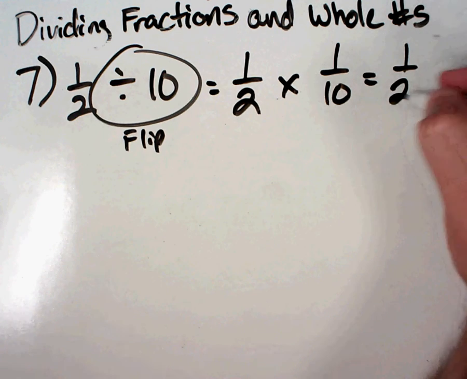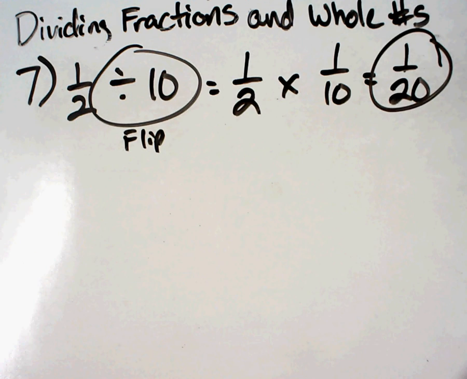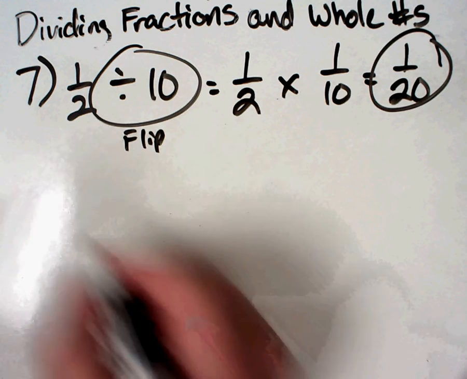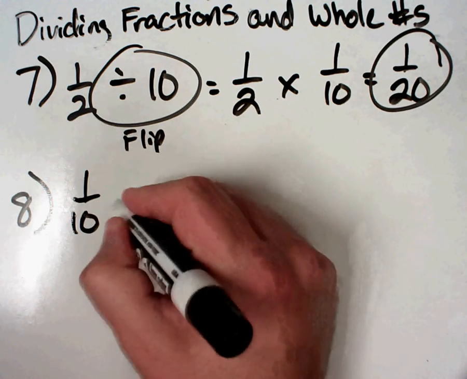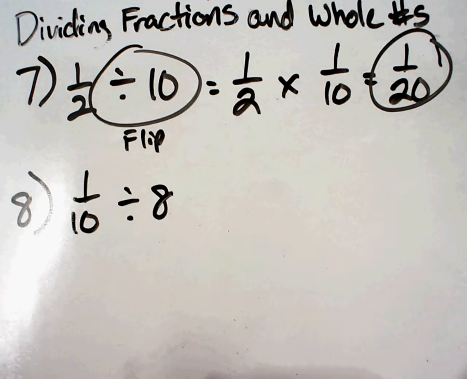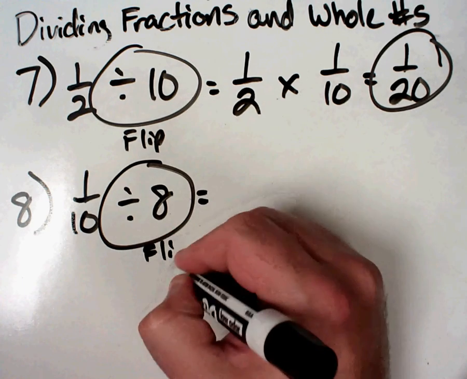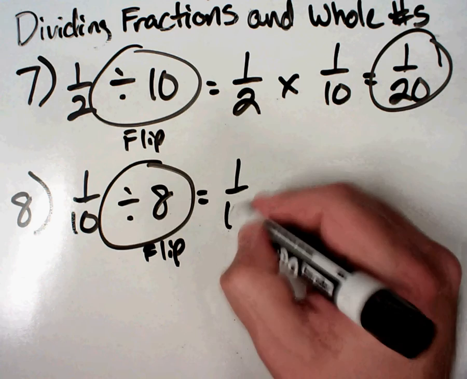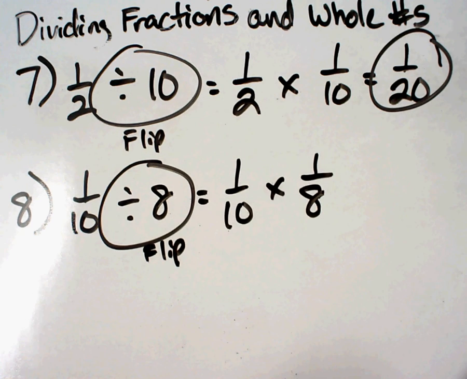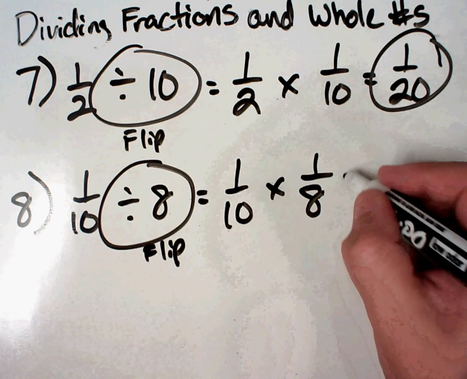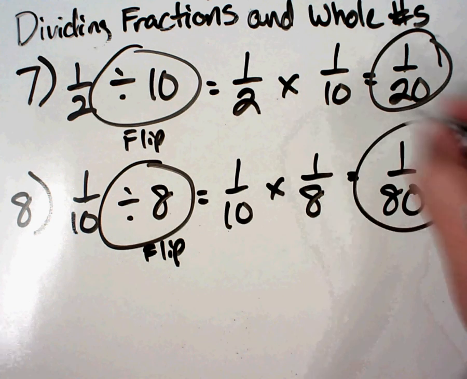And so my final answer is simply 1/20. Number 8 is 1/10 divided by 8. Again, I'm going to flip and multiply. So my problem becomes 1/10 times 1/8, which gives me 1/80th as my final answer.